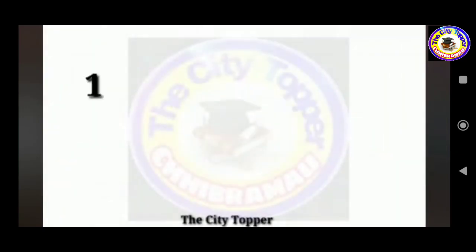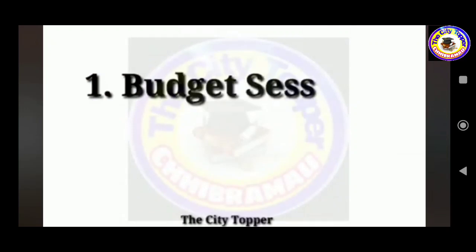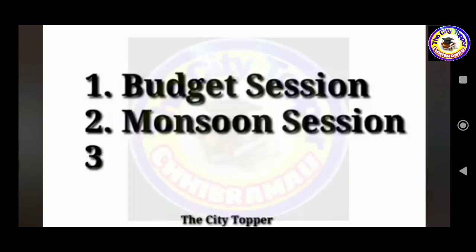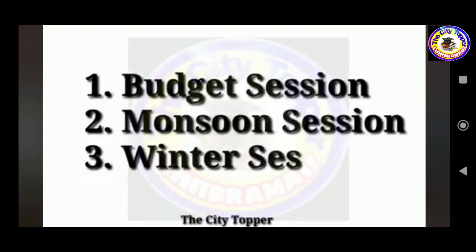Normally, there are 3 sessions in a year. The budget session, which usually takes place in the month of February to May. The next is the monsoon session, which usually takes place in the month of July to August, and the winter session. The normal period for the winter session is November to December.